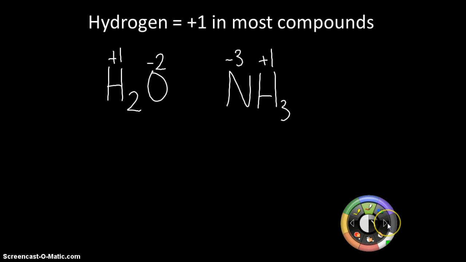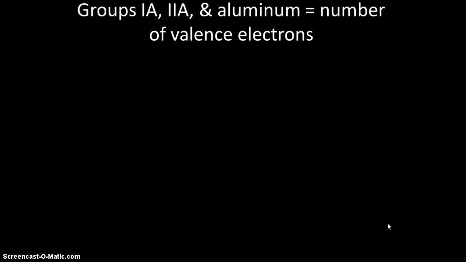For your groups 1A, 2A and just aluminum, not the group, just aluminum, the oxidation number is going to equal the number of valence electrons.